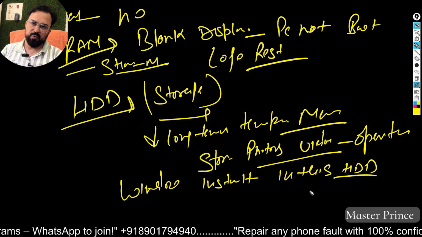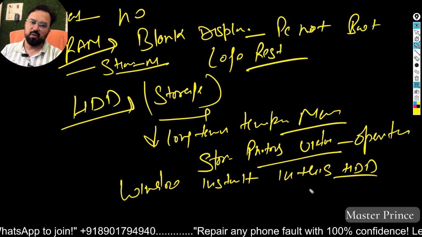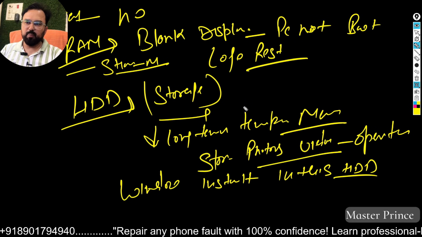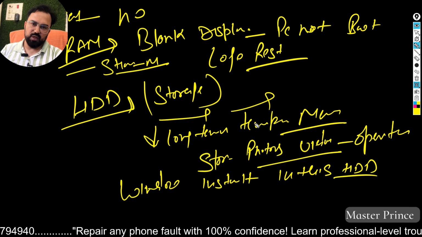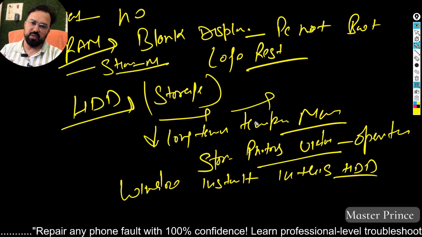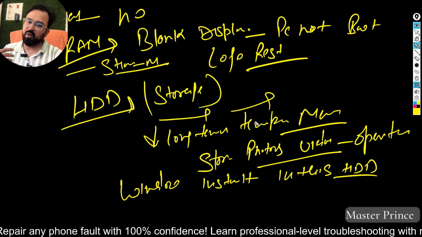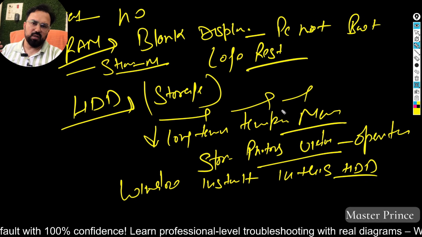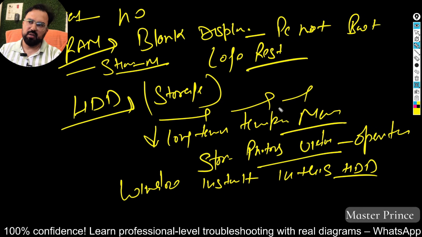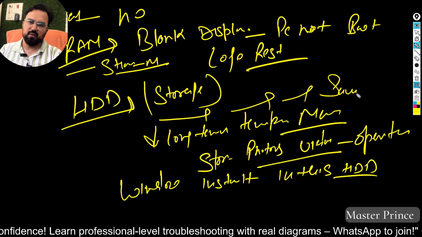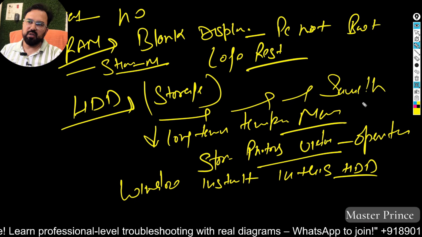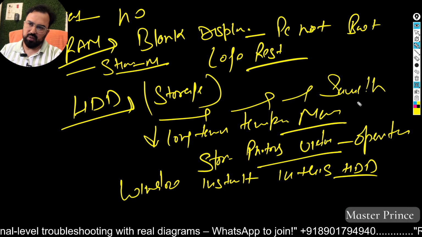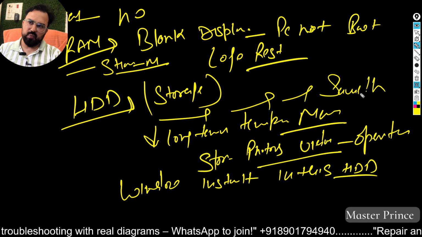Clear? I hope you get my point. So Windows is installed in this hard disk. If Windows gets corrupted, you will see problems and the PC does not boot properly. If the hard disk does not connect, or there is any problem with the hard disk, the same situation occurs. So if there is a hard disk problem, RAM problem, or processor problem, your phone does not boot, even with a good motherboard.